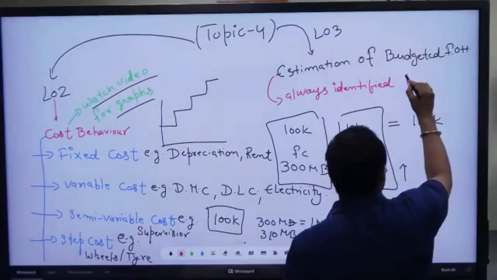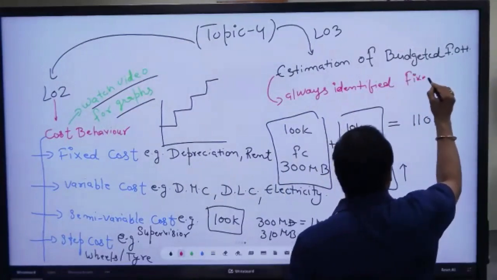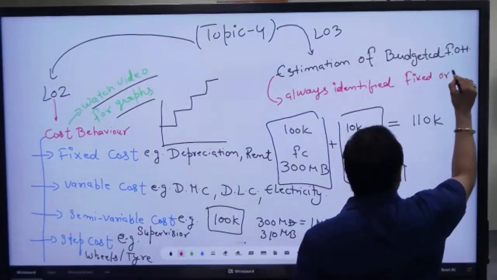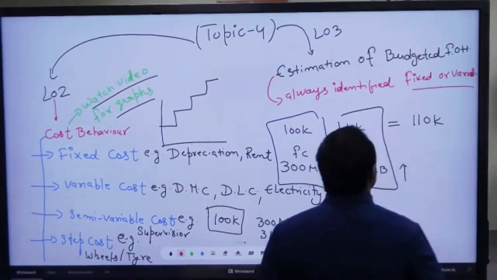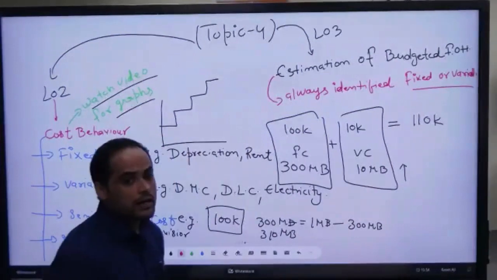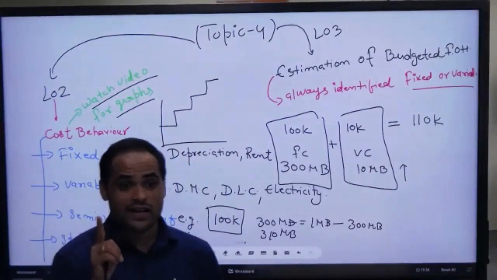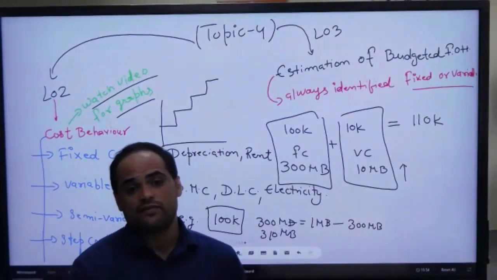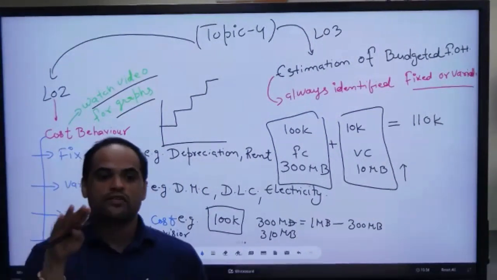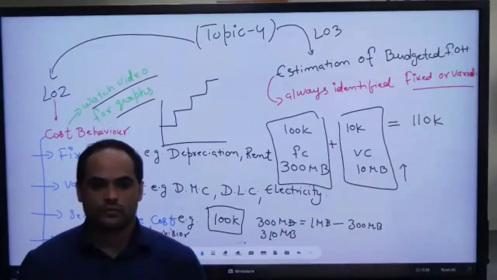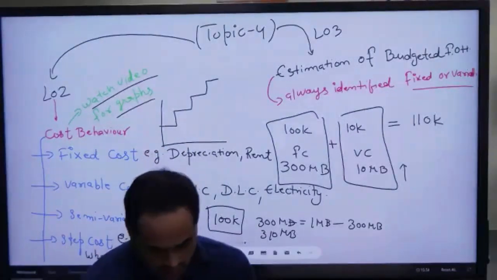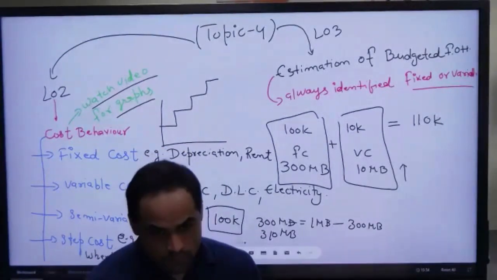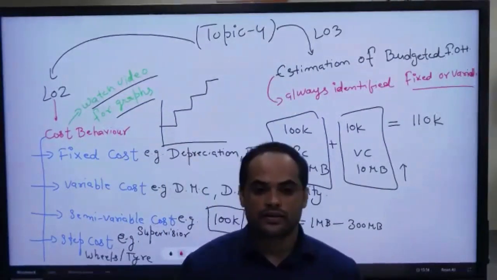Your cost is fixed or variable. So in simple words, in order to estimate budgeted overheads, you have to classify your cost into different categories.